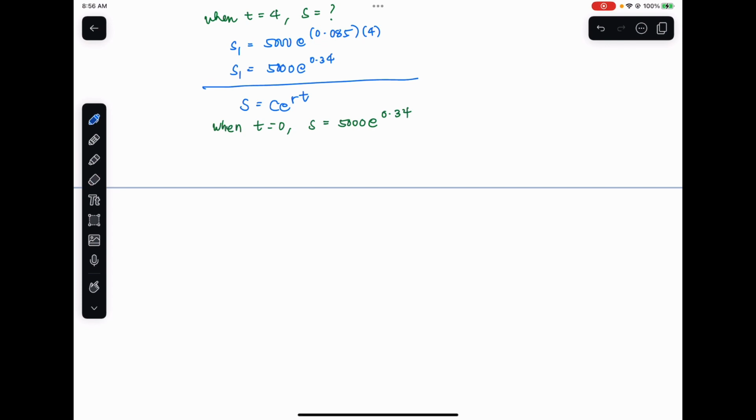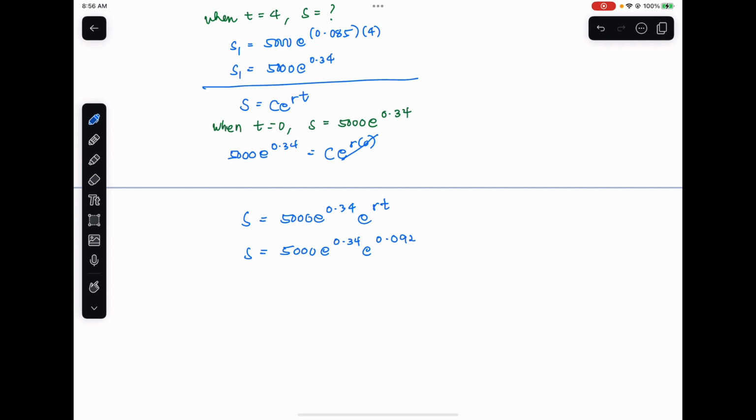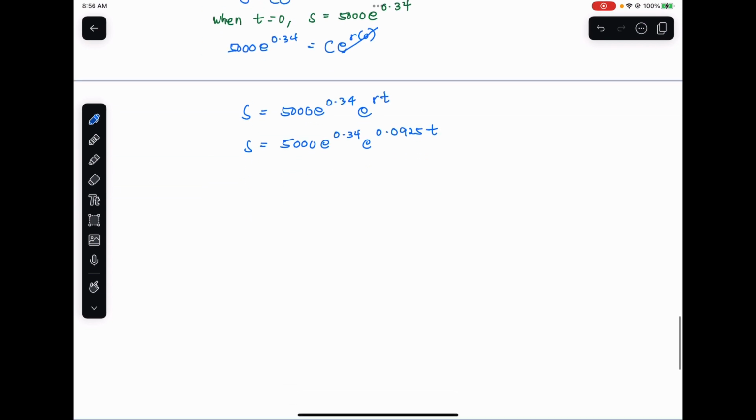So S is 5,000 e raised to 0.34, which equals C e^(r times 0), so C is 5,000 e raised to 0.34. Therefore, S would be 5,000 e raised to 0.34, multiplied by e^(rt). This time our rate is 0.0925 times t.